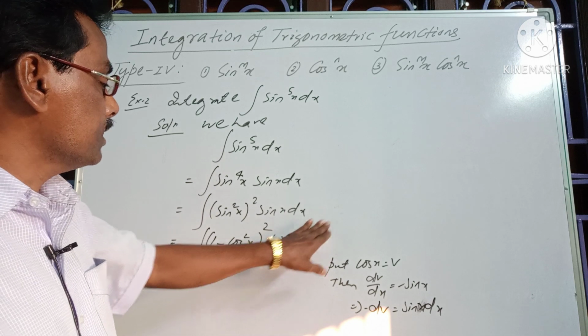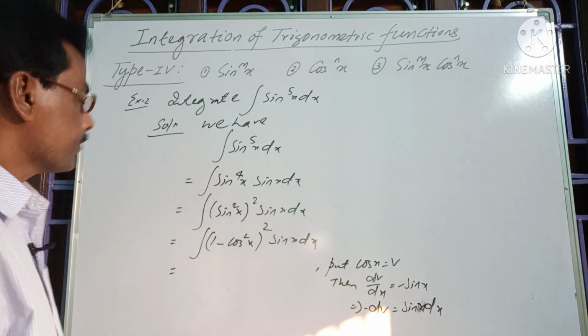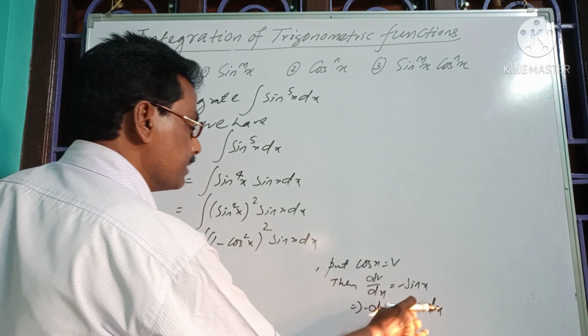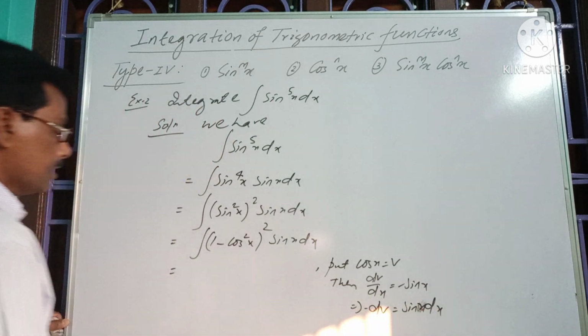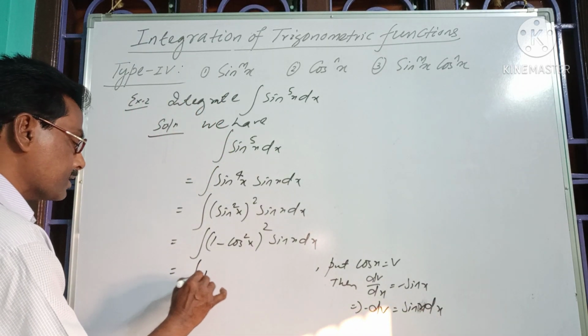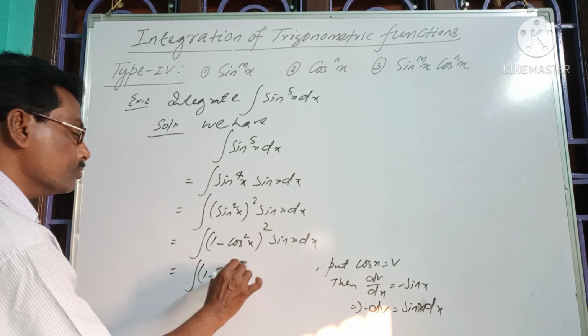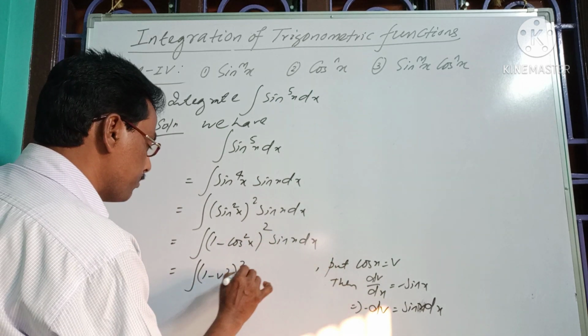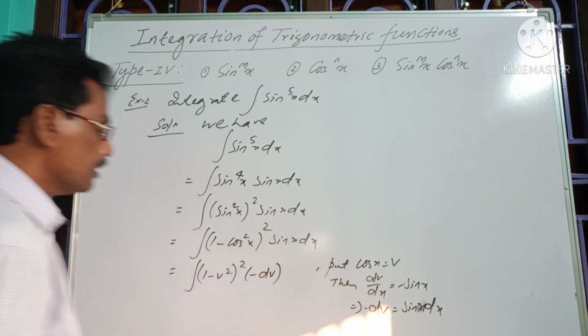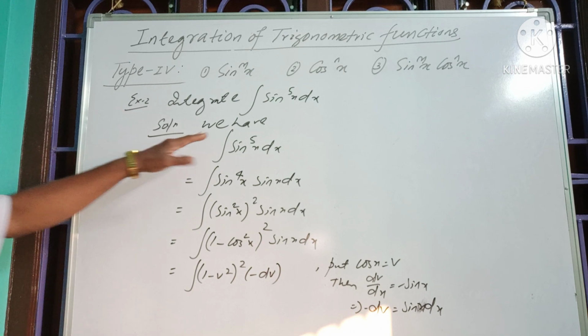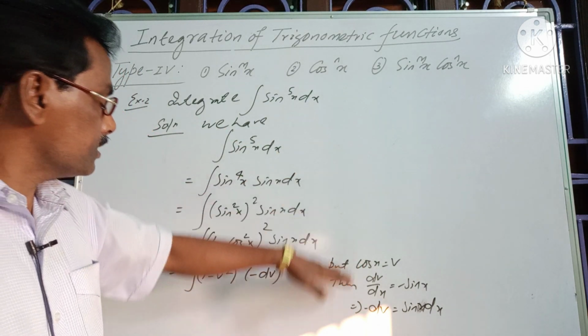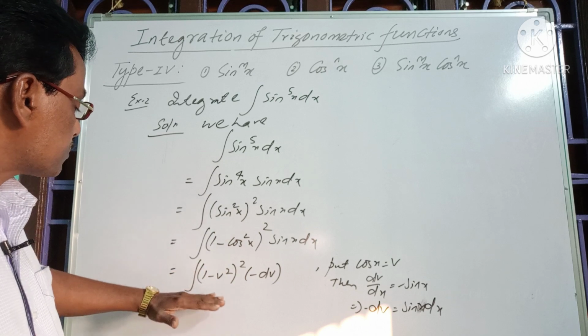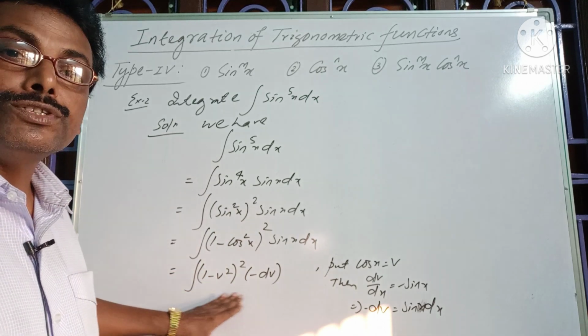So now replacing cos x as v and replacing sine x dx as minus dv, the integral can be transposed into 1 minus v square to the power 2, and in place of sine x dx, we have minus dv. So now after substitution and differentiation, we transform the function into a polynomial of v, which is easily integrable.